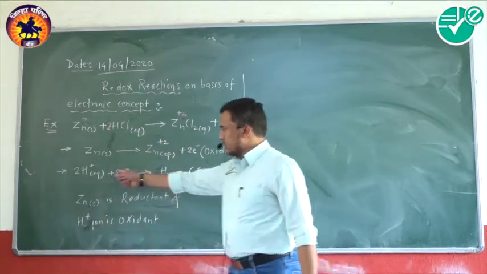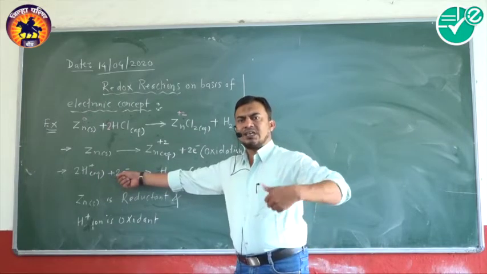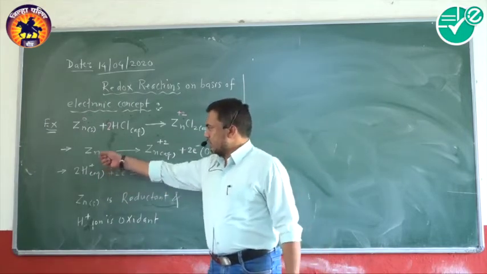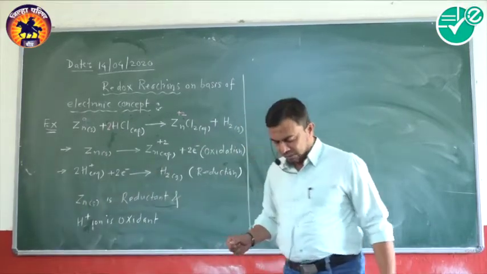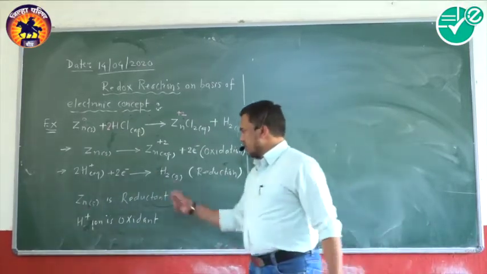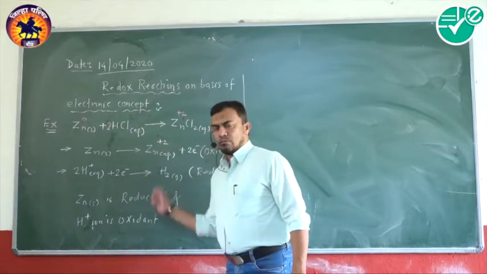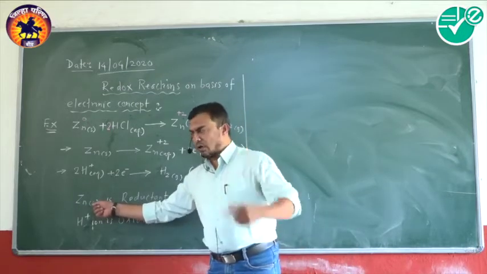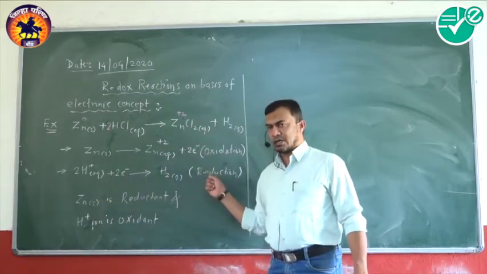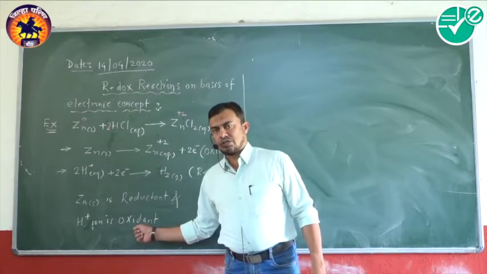In this case, the H+ ion oxidizes the other, that means it oxidizes the zinc and gets itself reduced to hydrogen gas. So in both reactions we have the identification of the oxidation and reduction processes, and similarly the reductant and oxidant.